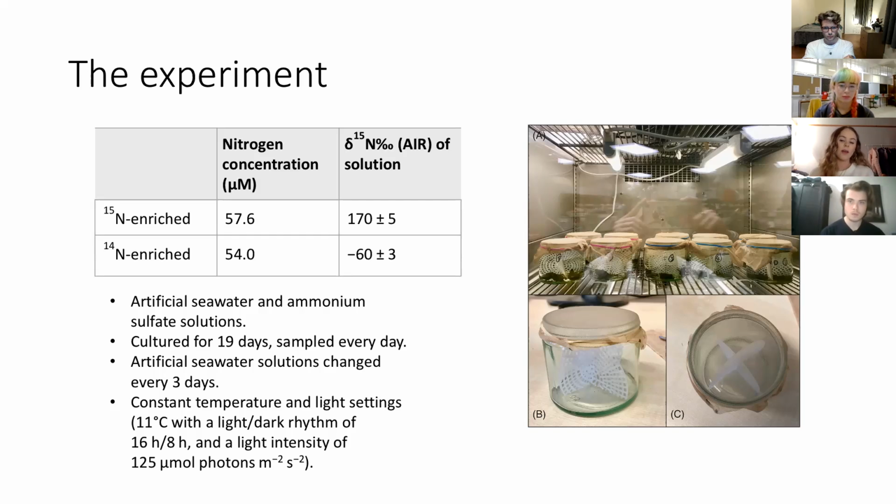It matters more that the concentrations were consistent, because there is some stuff in the literature to say that concentration can affect the fractionation. It's been observed at higher concentrations than this, but fractionation has been observed. So we thought we'd just keep it consistent with that. And we cultured for 19 days, sampled every single day, and I changed the solutions every 3 days.